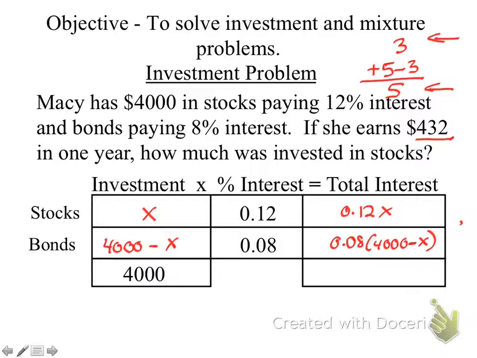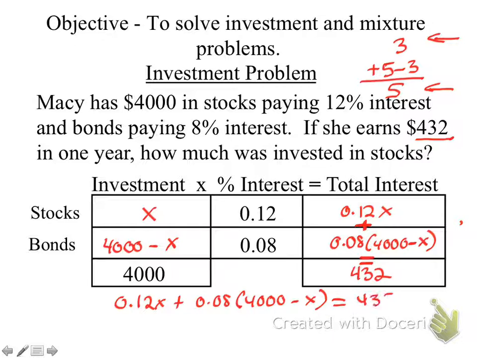That's what she's earning on the $4,000. That would go right down here. Does that make sense? Okay, so it's my equation. We're going to add going up and down. This is plus. This is equals. And so my equation is 0 and 12/100ths x plus 0 and 8/100ths times 4,000 minus x equals 432.